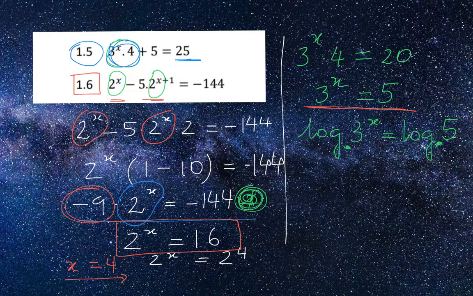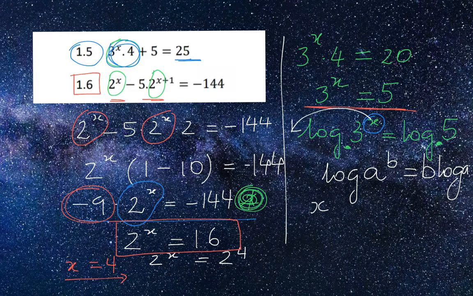And using the exponential law, we know that if I have a log of a to the power of b, the first law says that it can be written as b log a. Okay, so that x comes to the front. I have x log 3 is equal to log 5, which means that x will be log 5 over log 3.